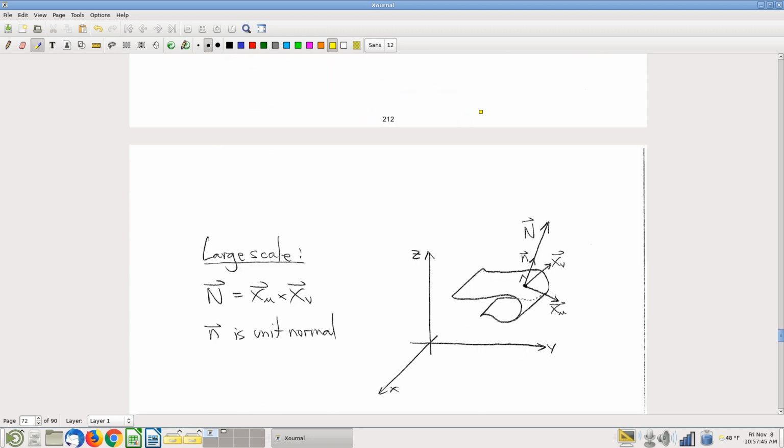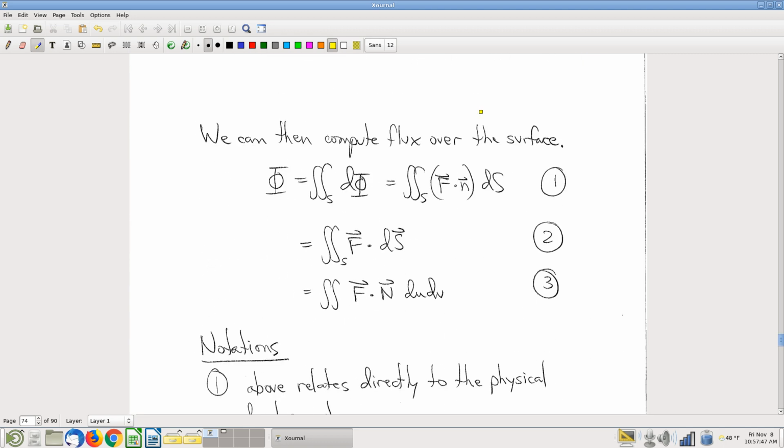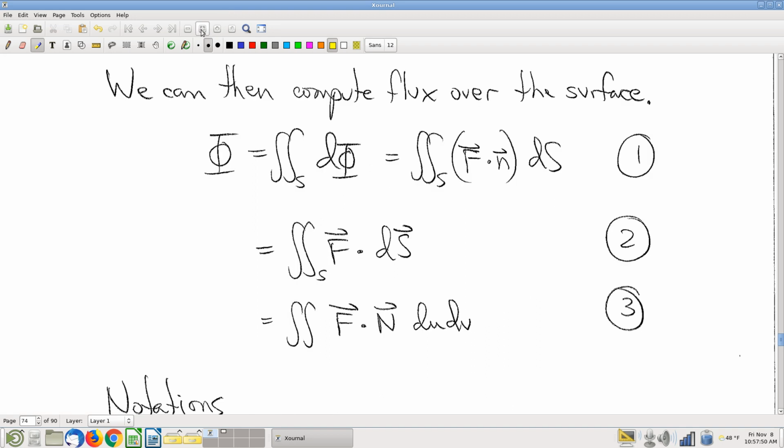So writing that down, on each little piece of surface, f dot n ds. That's our existing formula. This is the component of the vector field in the appropriate direction. This is the area of that little piece of surface. Adding up over the entire surface gives me the total flux. So that's our big picture strategy.